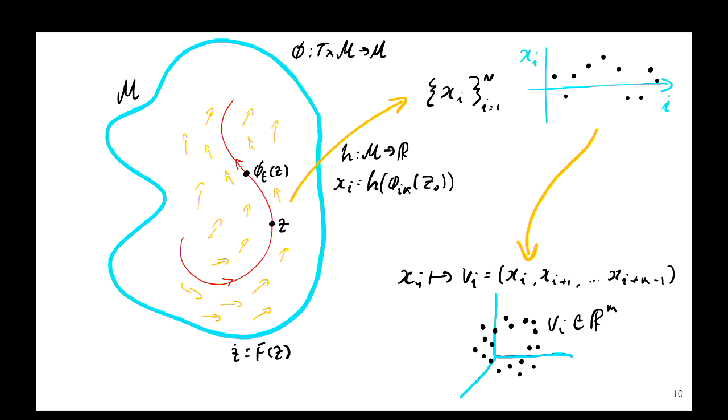I then construct vectors from those scalars by maybe taking, so I take the first 3 to give me my first vector, then I take the next 3 to give me my next vector, the next 3, next 3, and so on and so on. Each of those triples of blobs here is a vector in 3 space, so that's one of my points in here.